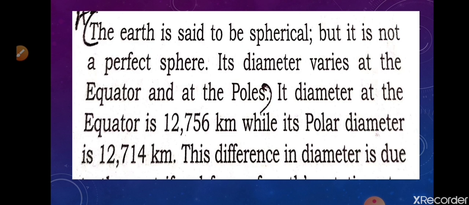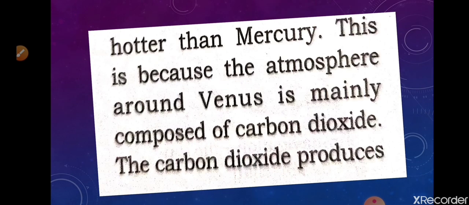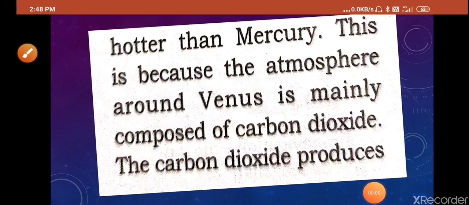Next one is, Venus is hotter than Mercury. The answer is here. This is because the atmosphere around Venus is mainly composed of carbon dioxide, and carbon dioxide produces a greenhouse effect on the surface of Venus.